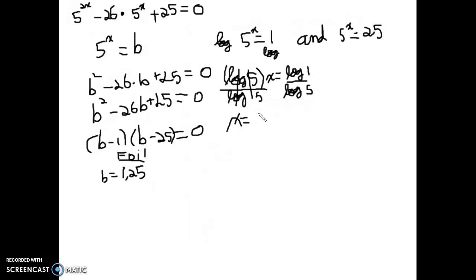But at the same time, we can also simplify this. Of course log without a base is considered log base 10. So log base 10 of 1 over log base 10 of 5.